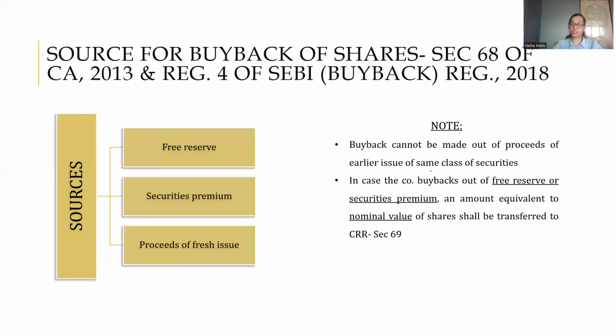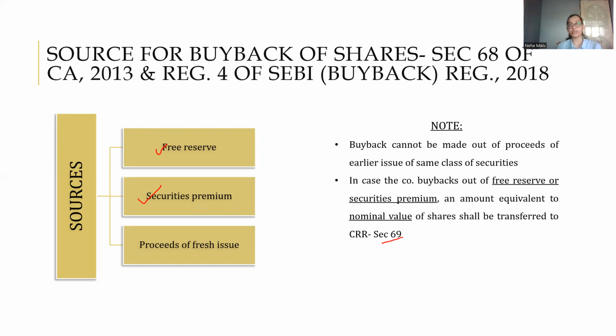Moving ahead to the sources with which buyback can be done. The company can use either the free reserves or securities premium or the proceeds of a fresh issue for the purpose of buying back the securities. Now it is to be noted that when the company uses free reserves or securities premium for buying back, then pursuant to Section 69 of the Companies Act, an amount equivalent to the nominal value of the shares is required to be transferred to the capital redemption reserve (CRR).